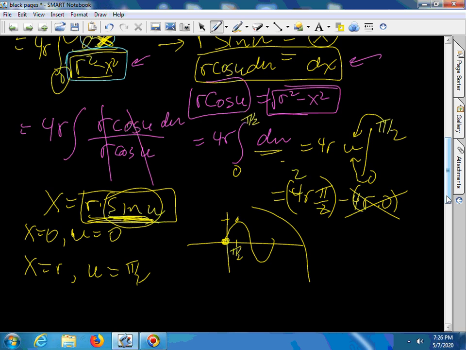And 2 goes into 4 2 times. So we get 2r pi, which is the same as 2 pi r. So now we know for sure that our teachers haven't been lying to us. The arc length of a whole circle, the circumference of the entire circle, is 2 pi r. Pretty neat.